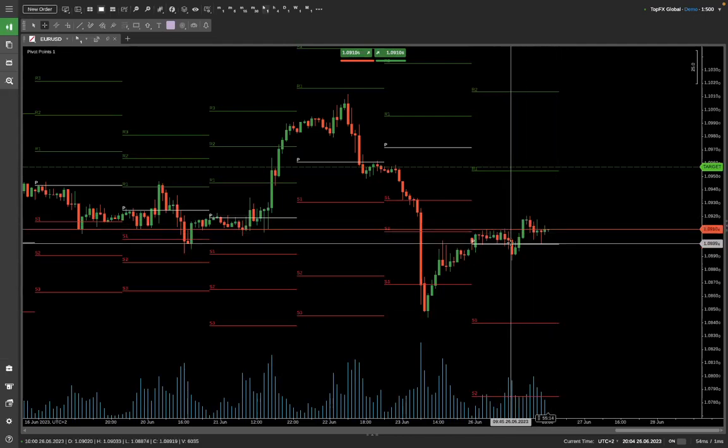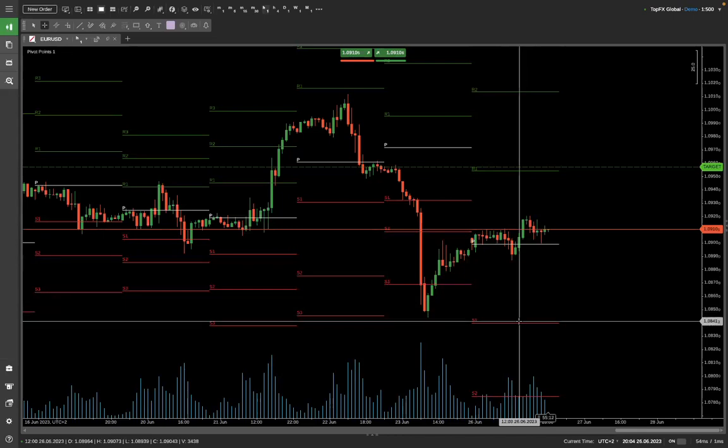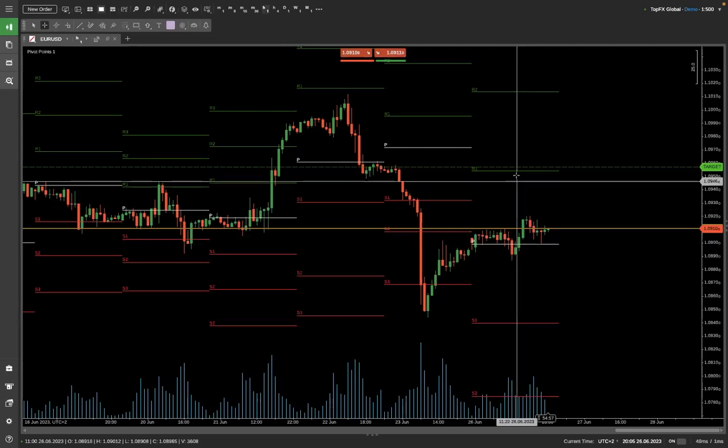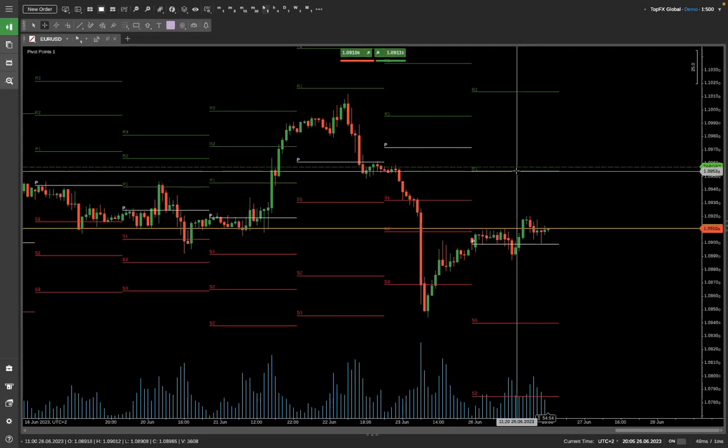So if we go lower, for example, towards the S1 support level number 1 at 1.0839, then of course the sentiment is considered bearish. So if we go to the north towards the R1 level, resistance level 1, it is at 1.0953. The sentiment is much more positive, much more bullish in that situation.